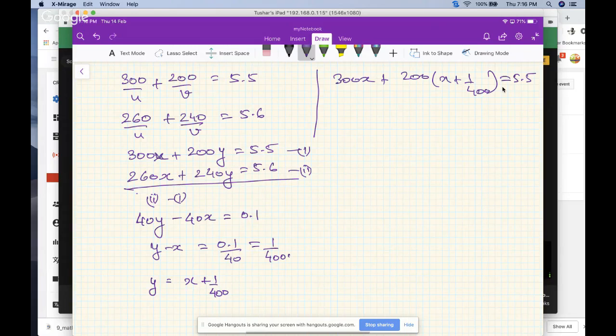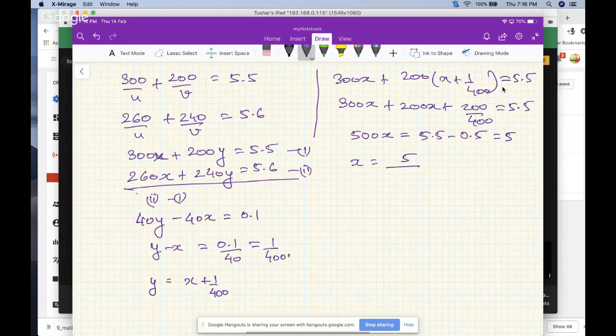Right? Substitution I'm using. So 300x plus 200x plus 200 by 400, which is half, is equal to 5.5. So hence I will get 500x is equal to 5.5 minus 0.5, because 200 by 400 is 0.5, which is equal to 5. So hence x is equal to 5 upon 500.